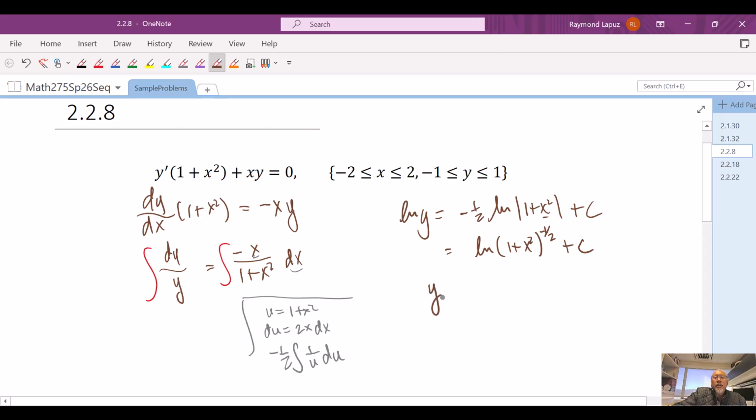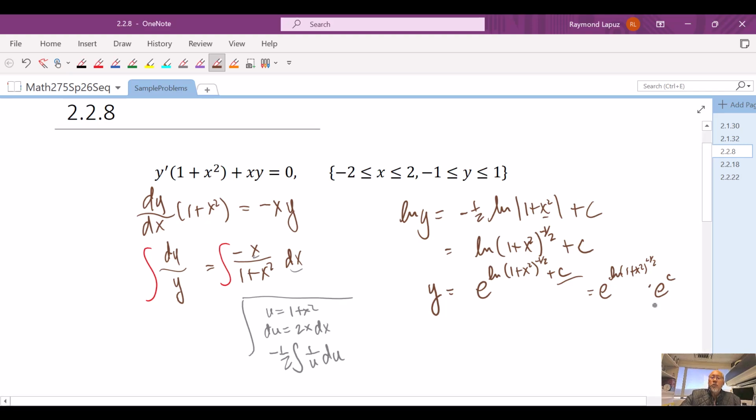If we do take the ln of both sides, we're going to get y equals e to the ln of (1 plus x squared) to the negative 1/2 power plus c. Now the plus c here can be written as e to the c, that's being multiplied with a whole exponential function.